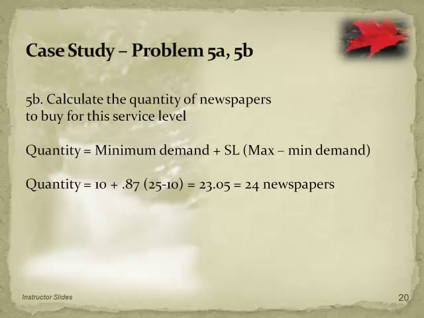So substituting the values in this formula, the minimum demand that we could always guarantee is 10. Our service level is 87% or 0.87. The maximum that we have ever sold is 25 papers, and so this calculation says that we would order 23, or, since we can't order a fraction of a paper, 24 newspapers.